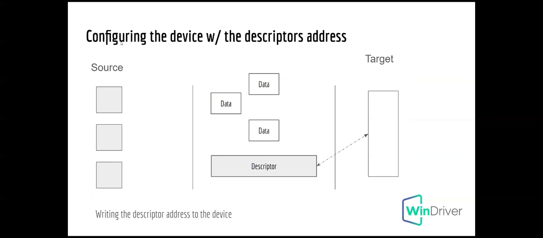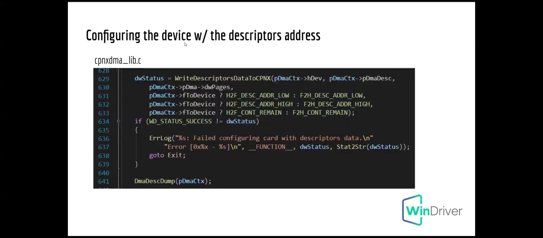After we configured, or built, the descriptors, now we need to configure the device with the descriptors' addresses. Not the data that the descriptor holds, but only the addresses of the descriptor, so the target, which in this case is the FPGA, would know to access it and get the info once the DMA is initiated.